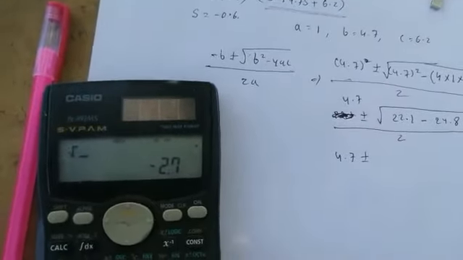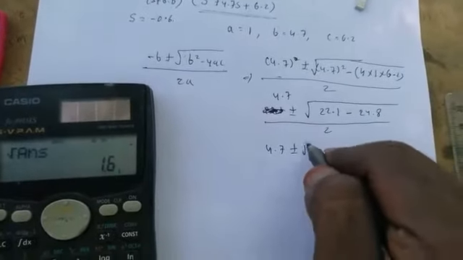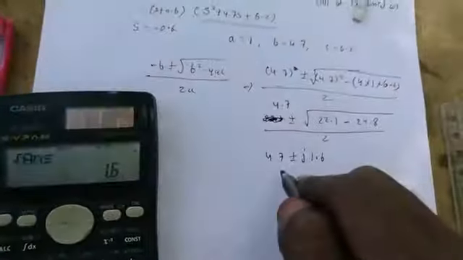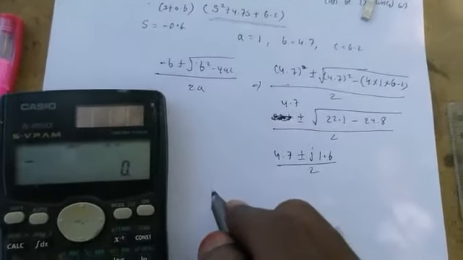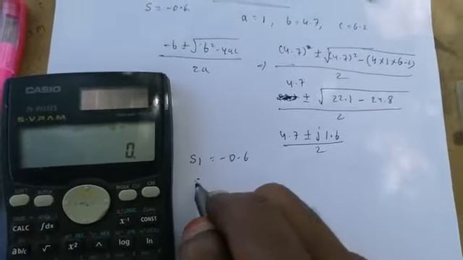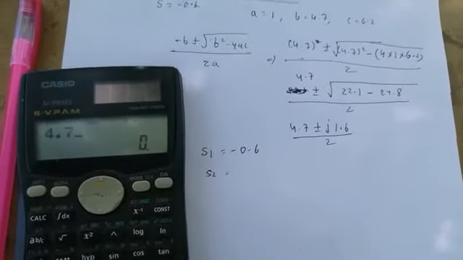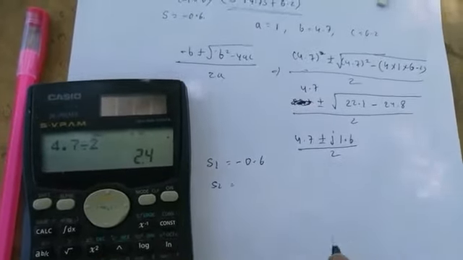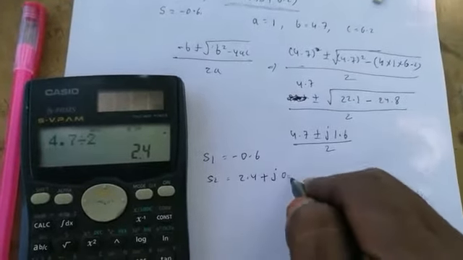If you take the root of this, you will get an imaginary value, so j 1.6, divided by 2. So you can write, we already got s1 equals minus 0.6, s2 can be written as minus 4.7 by 2, that is minus 2.4 plus j 0.8.